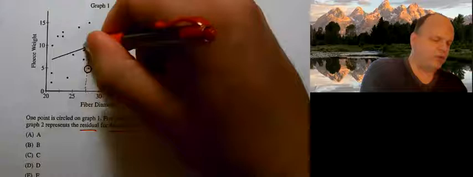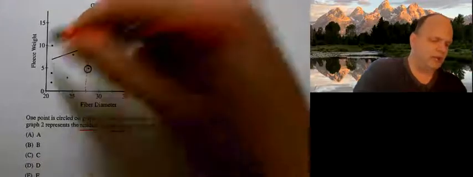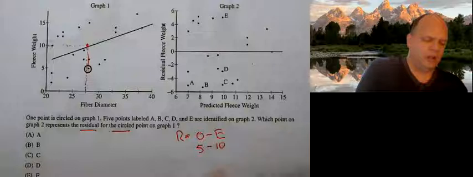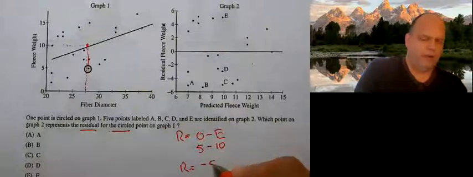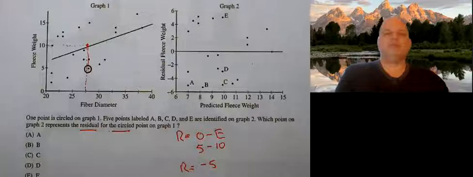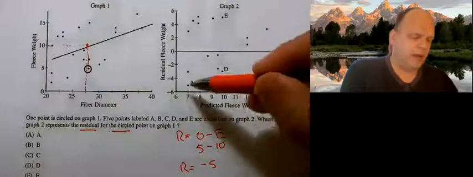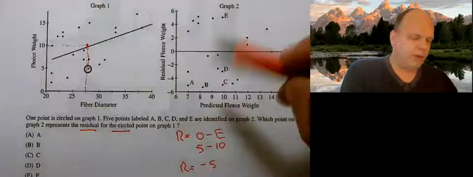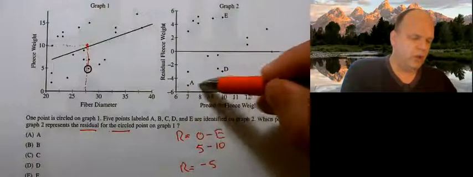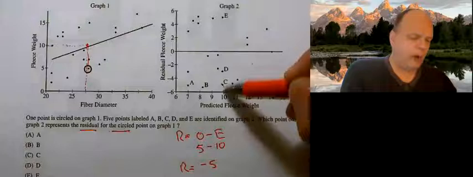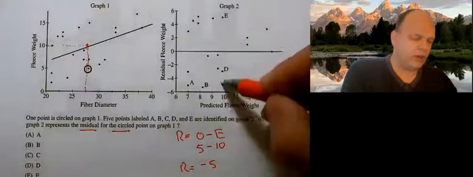And if I draw a dash over here, it looks like it's about a 10. So 5 minus 10 gives me a residual of -5. So I'm going to look for a point that's approximately -5. And if I come across here, -5 and at a weight of 10 is right here at C.